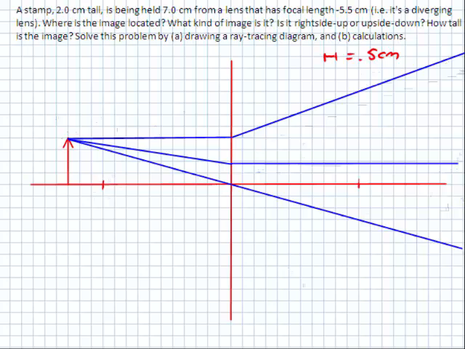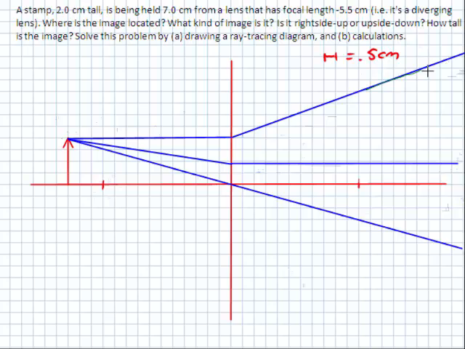And now I'm going to trace those rays backwards. They are diverging. We are not going to get a real image to the right of the lens. The rays are not coming together. So we're going to trace back, and I'm going to use a thin green line.